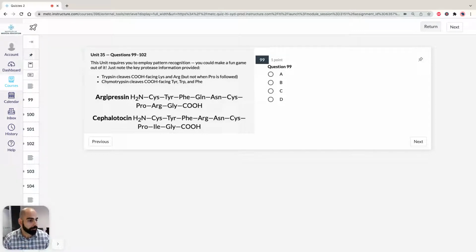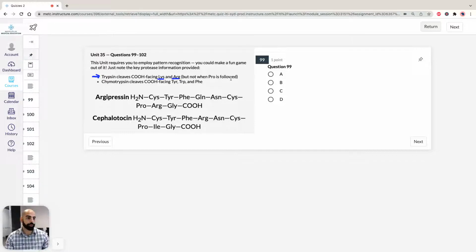If we dive into question 99, it says the cleavage of which of the four nanopeptides, argipressin, oxytocin, octopressin, and cephalotocin, is facilitated by the enzyme trypsin. Straight away, we know trypsin is going to cleave lysine and arginine, but not when followed by proline.